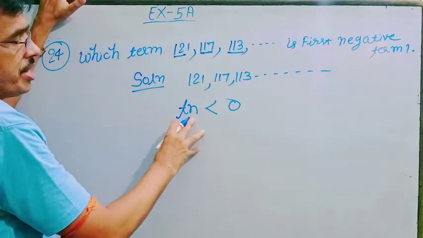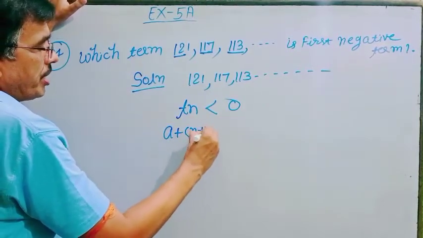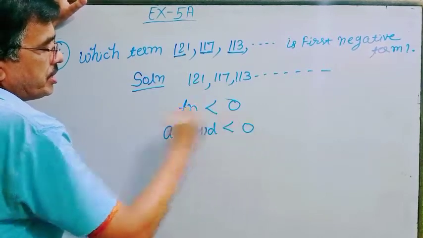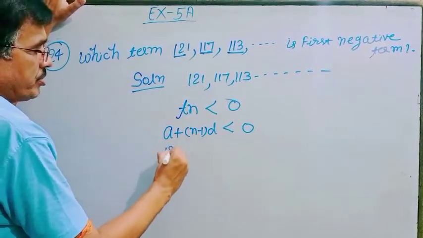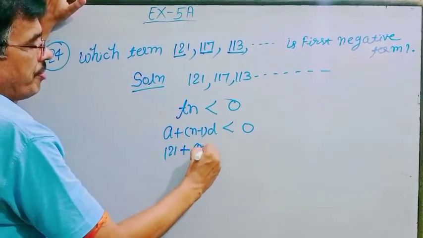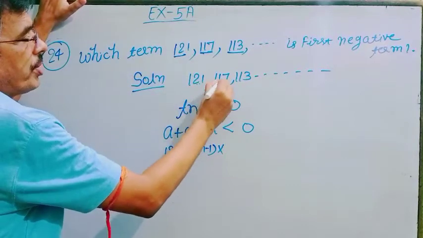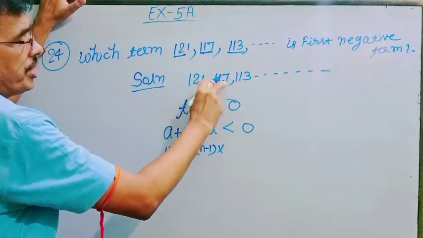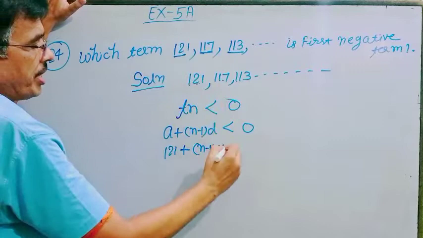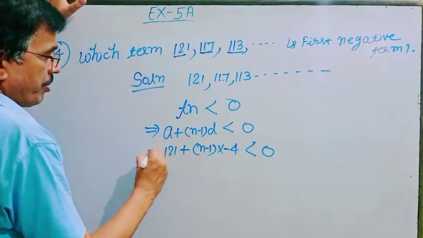So you write Tn less than 0, and it is equal to A plus (N minus 1) into D, less than 0. What is A? That is 121, plus (N minus 1). What is D? D is minus 4, because 117 minus 121 is minus 4. It is less than 0. What do you get here?